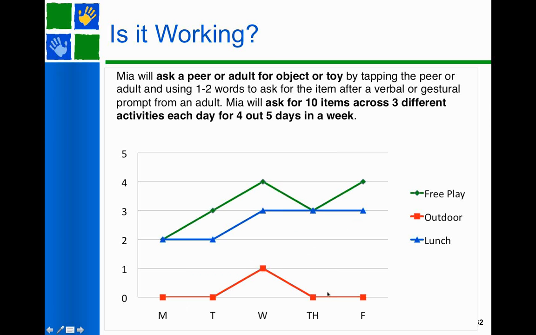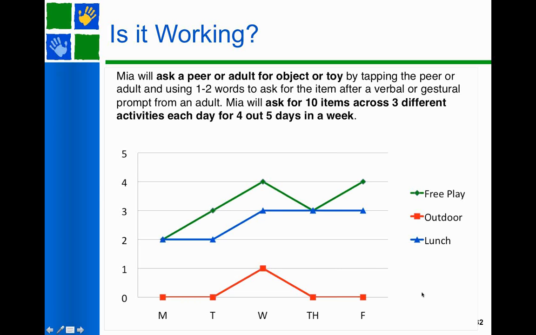But a teacher would want to think about what might or might not be going on in the outdoor play environment, that they might need to adjust the learning environment or the activity characteristics and demands in that learning environment to provide more opportunities for Mia to ask a peer or an adult for an object or toy during outdoor play.